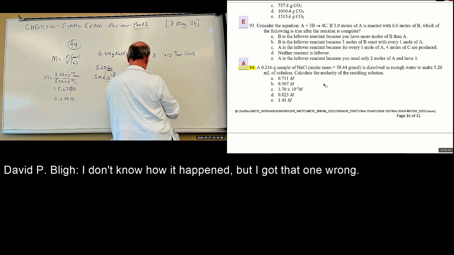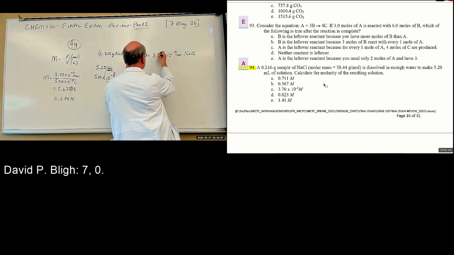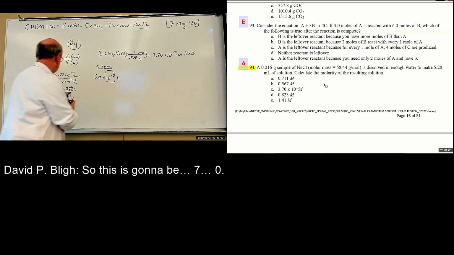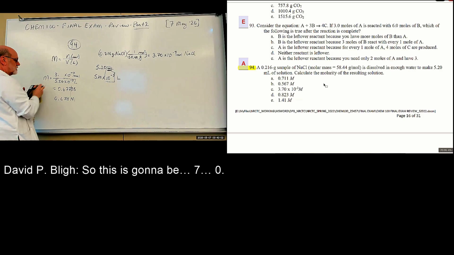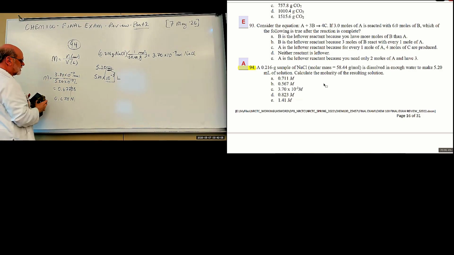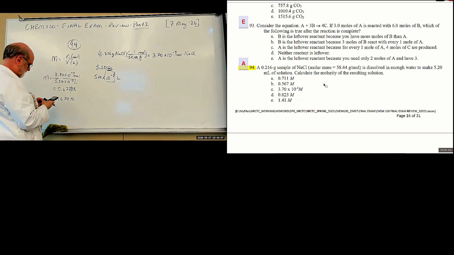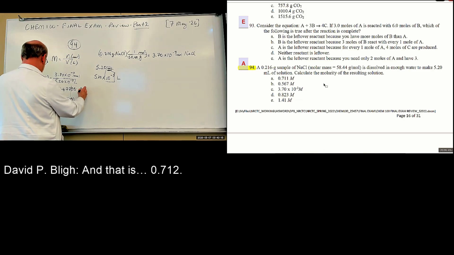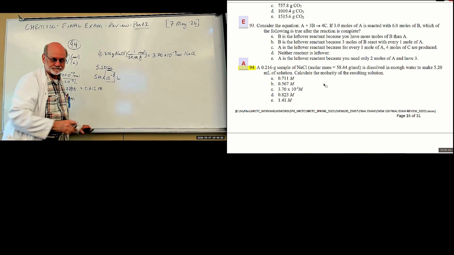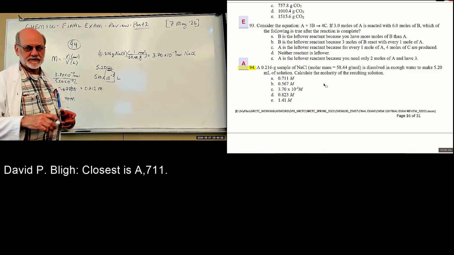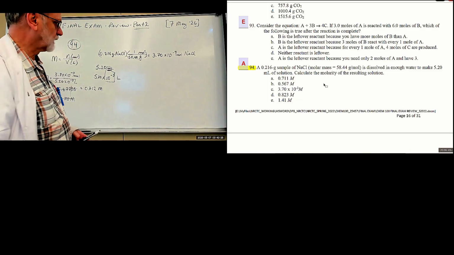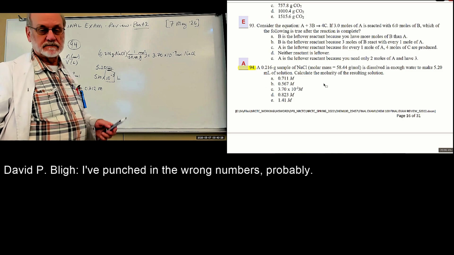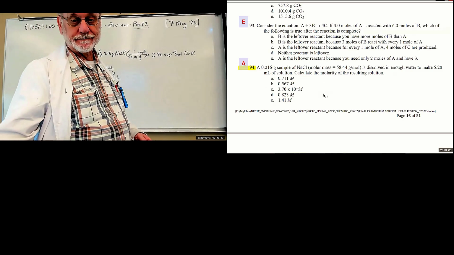I don't know how it happened, but I got that one wrong. 70. So this is going to be 70. And that is 0.712 molar. Closest is A, 0.711. Don't ask me how that happened. I punched in the wrong numbers, probably.